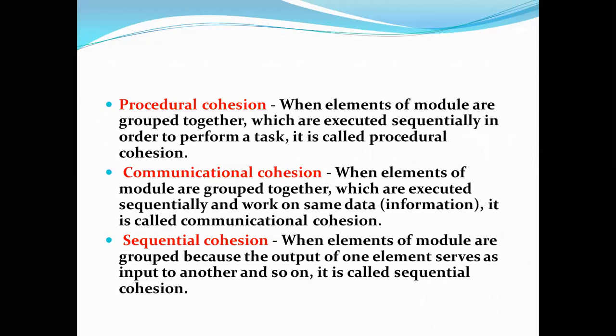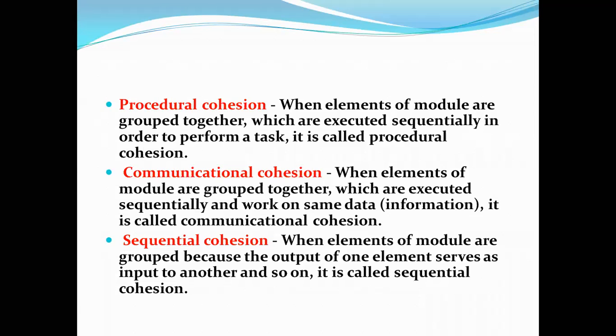Why is the word communication coming? Just because the data that is output from a particular phase is input to another phase that is coming next in the sequence. So that kind of cohesion is called communicational cohesion.